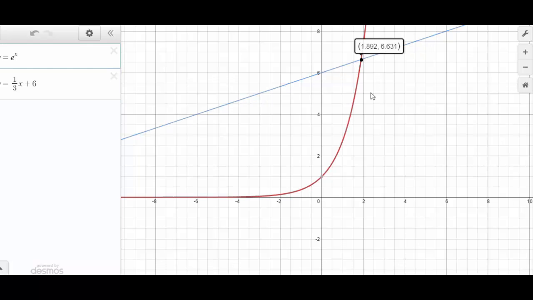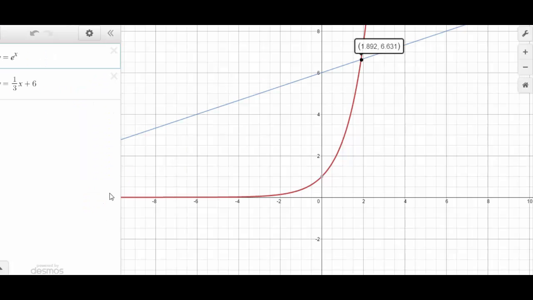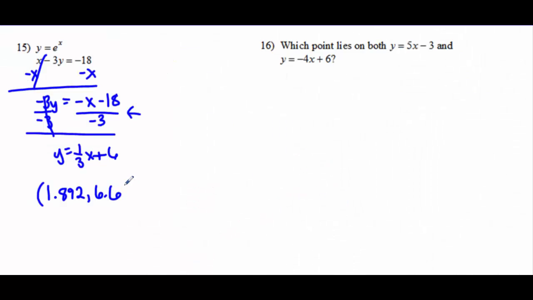There, our intersection point. And so again, for using your TI calculator, if that's what you're using, you're going to go second trace and go down to intersect and press enter 3 times, and it should tell you 1.892, 6.631. There's our answer.